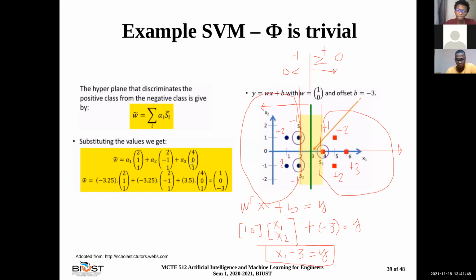Now this is a non-trivial case. I should emphasize that your feature space output is your transformation function applied to the input space.